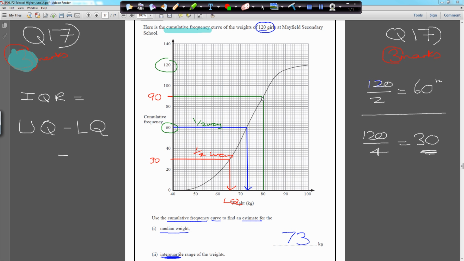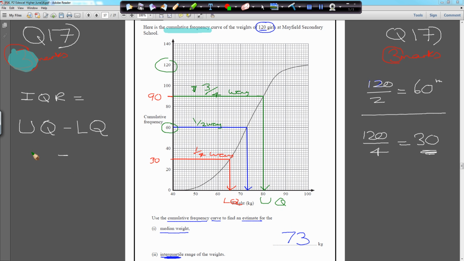Beautiful. This is the three-quarters mark of the data.